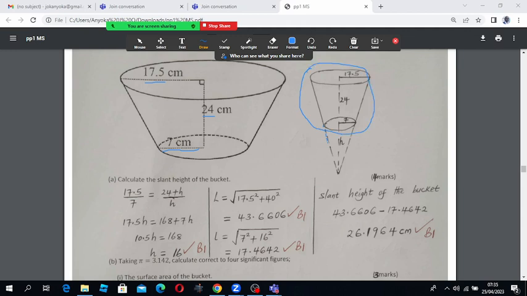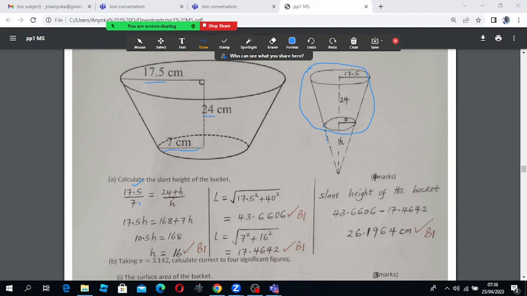So for the height of the bucket, there are two ways. Let me give the alternative approach, because the other one is straightforward, but we want to see the alternative. Let's find the small h here. We use the similarity and enlargement approach.